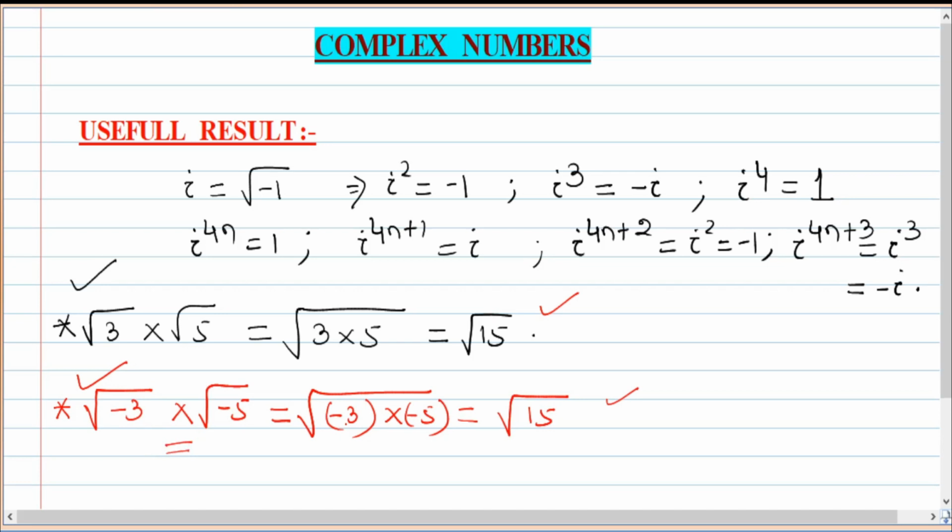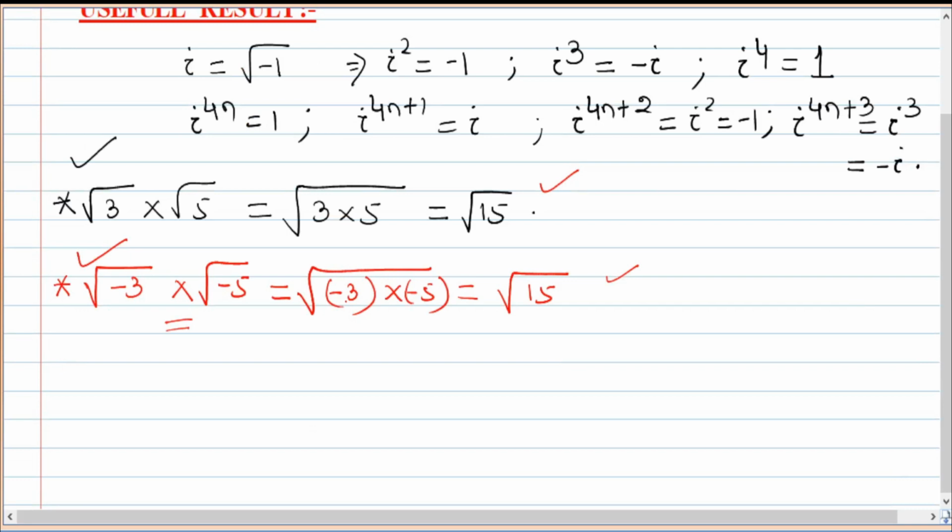What is that? Now you see, if you write root of minus 3 into root of minus 5, it can be written using i square equal to minus 1. This one is imaginary.